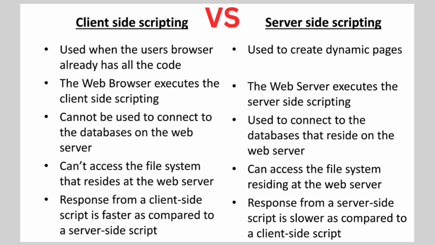Client side uses scripting languages such as HTML, cascading style sheets, which is CSS, and then JavaScript. It also sends the request via web browsers like Firefox, Google Chrome, Internet Explorer, and Safari.